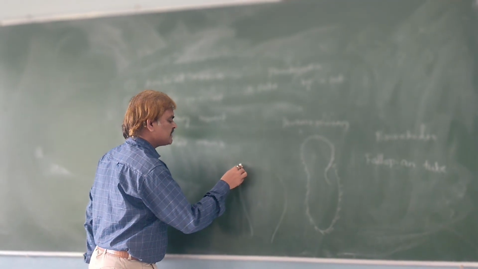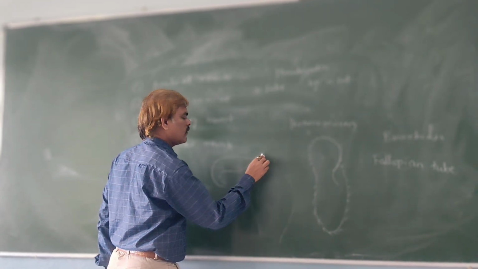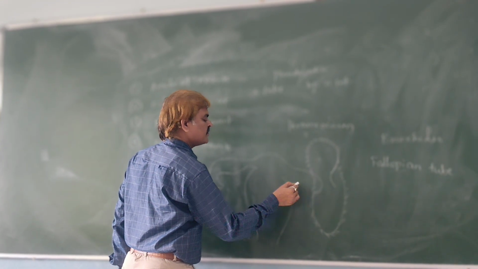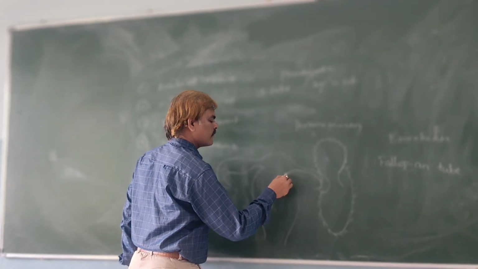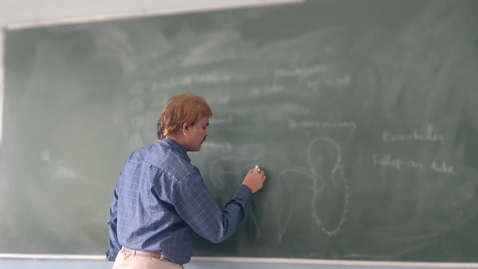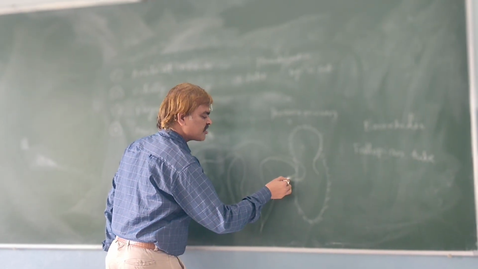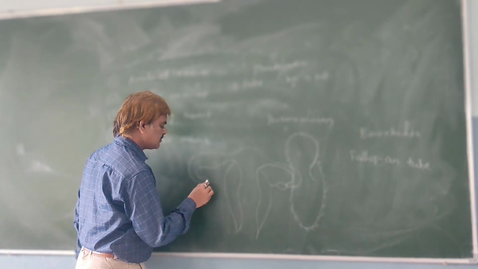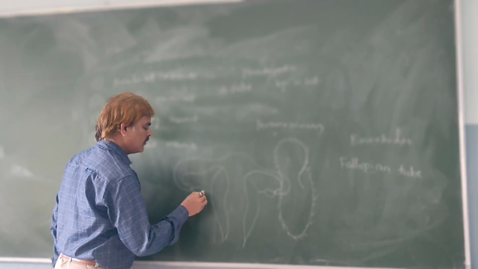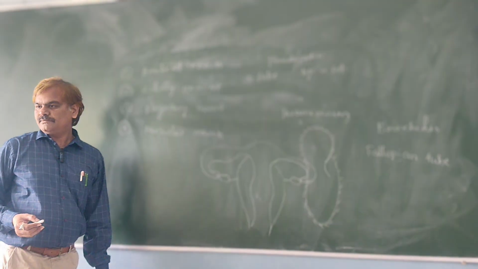And here the fallopian tubes will be present. This is a fimbrium, a finger-like structure. This is the ovary attached to the walls. The ovary secretes the ovum.